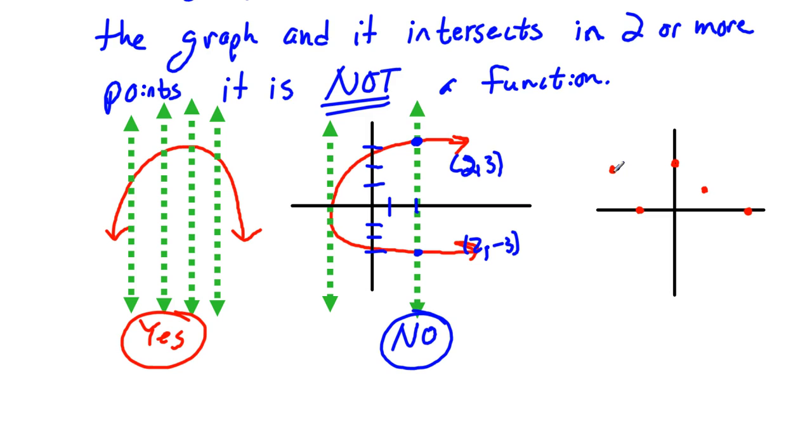Well, again, just think about what you would do here. You just go back and draw a vertical line. Draw it here, it only hits that point, so that one's okay. If you draw it here, it only hits that point, that one's okay. So no matter where you draw it, you're only going to hit it one time. Same thing here, that one only hits it one time. So no matter how many times you draw it, you're only going to hit 1 point. So that one would be a yes.